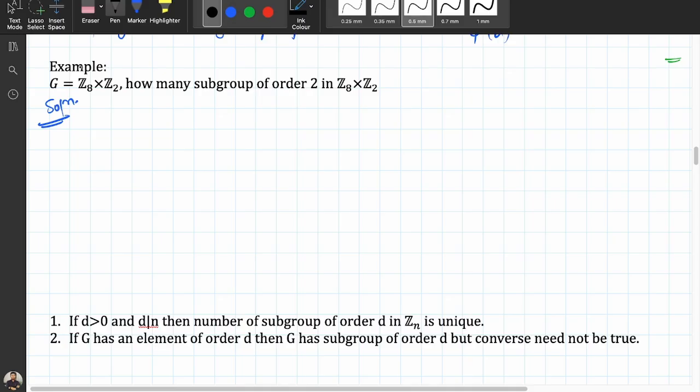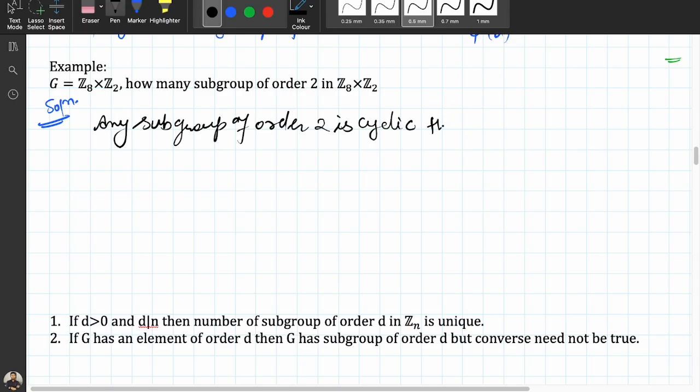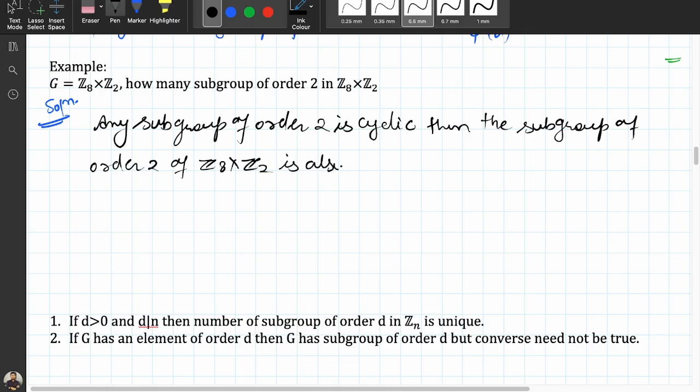Any subgroup of order 2 is cyclic. Then a subgroup of order 2 of Z8 cross Z2 is also a cyclic subgroup.